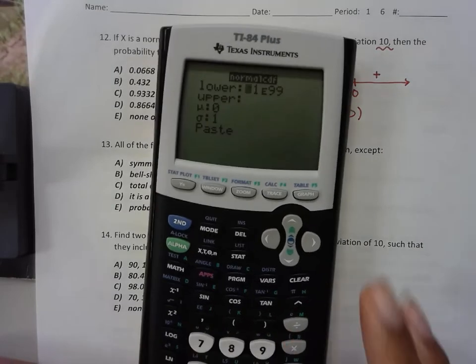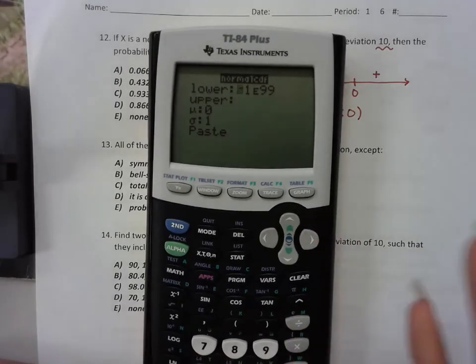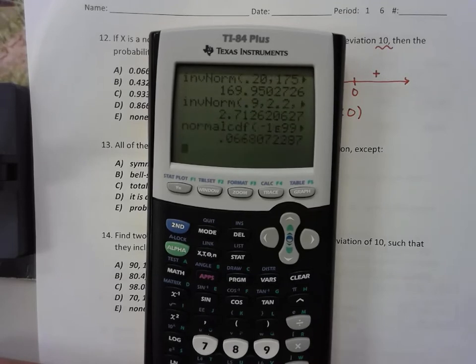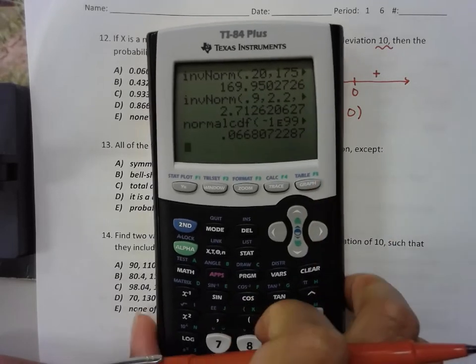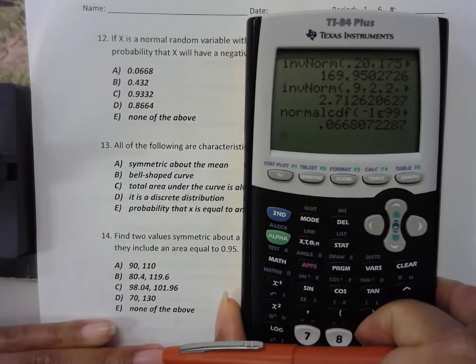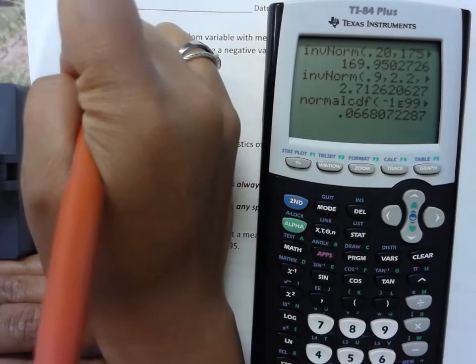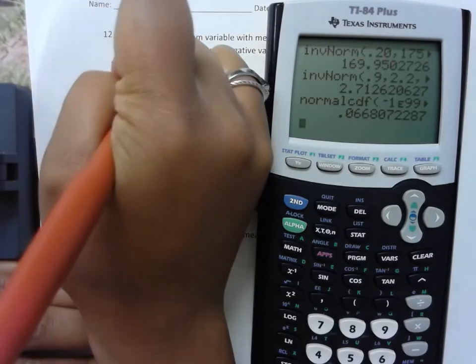Since it's less than, we'll leave my lower as negative infinity, and my upper should be 0. 0 is the X value, so I'm changing my mean to 15 and standard deviation to 10. It's a probability, so I don't have to multiply. Round to the nearest 10,000. The answer is A.